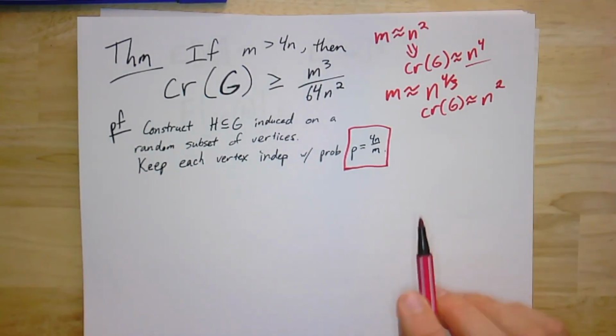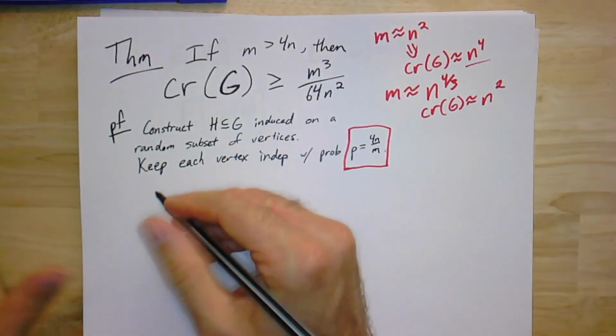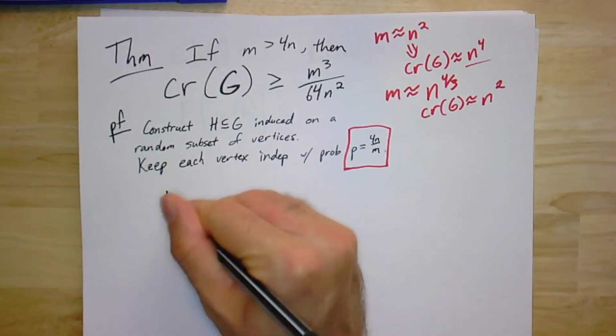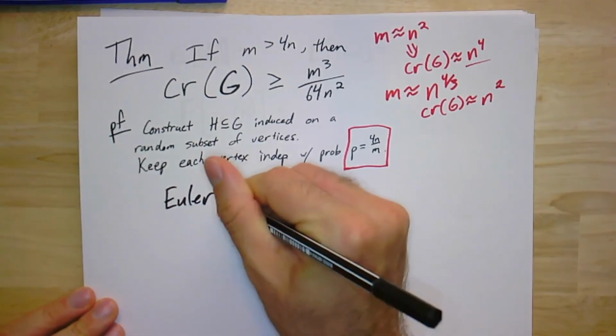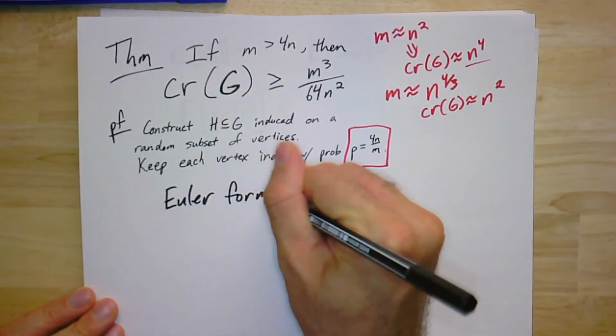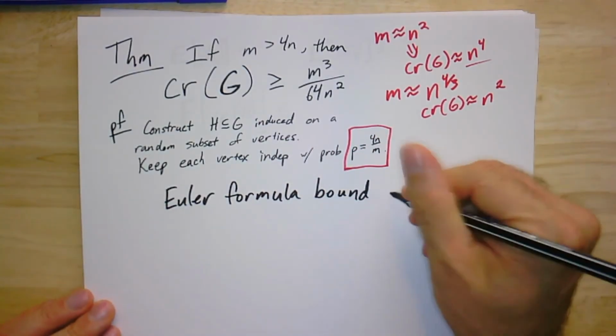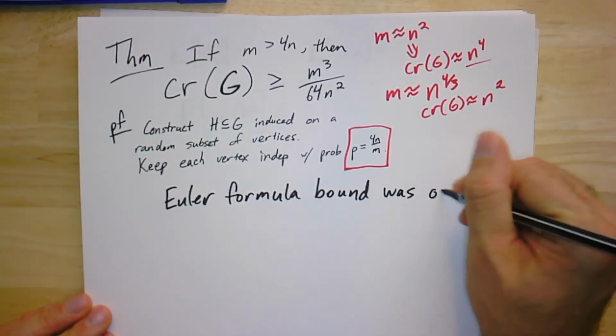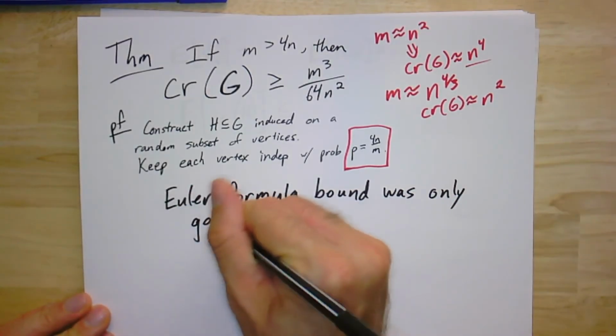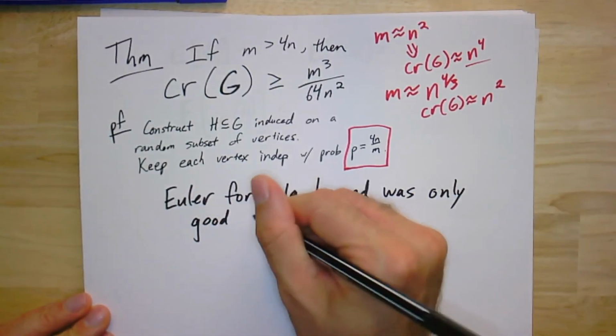But before I go into how we use it, let me explain the key idea. You see, our old bound, using Euler's formula, I'll call that the Euler bound, was only good for sparse graphs. That is, good as in tight.